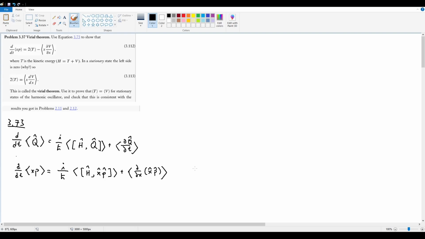Okay, so immediately one thing you can do to instantly simplify this is recognize that in x space, I know that x hat is equal to x, and I know that p hat is equal to negative i h bar d by dx. Neither of these have an explicit time dependence.